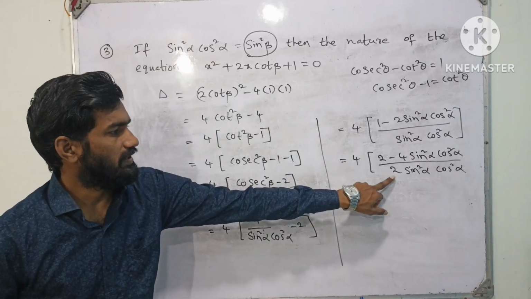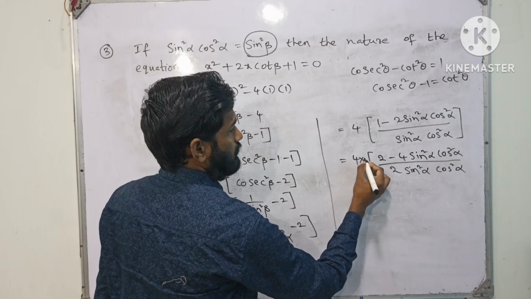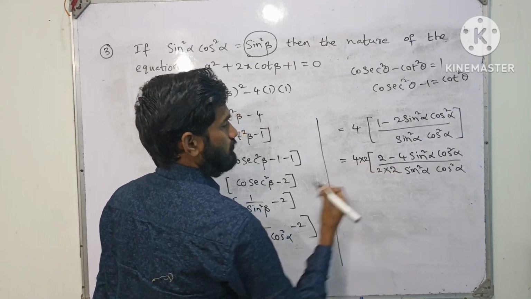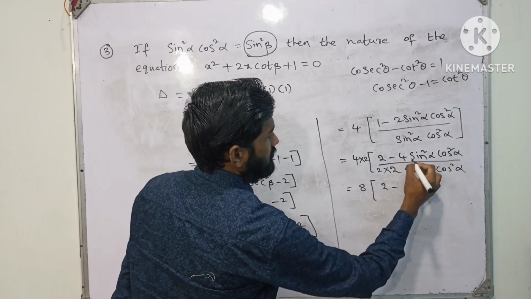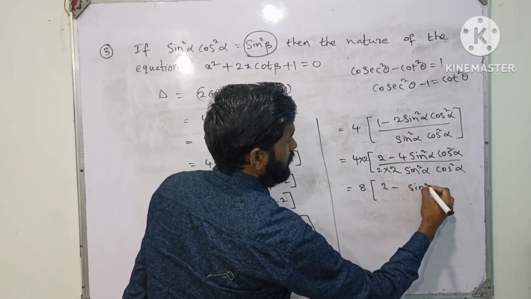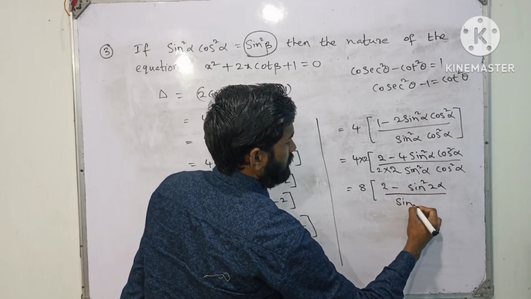Here I need to get 4, but only 2 is there, so I am multiplying by 2 here and here. So I will get 8 into (2 minus sine square 2 alpha) by sine square 2 alpha.